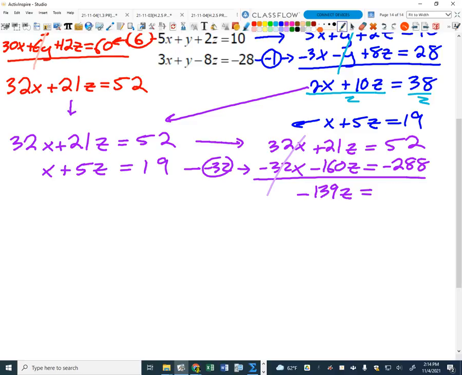Something bad happened. -139z equals, did I make a mistake there? Because that doesn't seem like that's going to work out. And I don't think this is supposed to be a fraction. I think this one's supposed to work, as I recall, so we get integers. So that's, oh, maybe it works. Well, I don't think so.